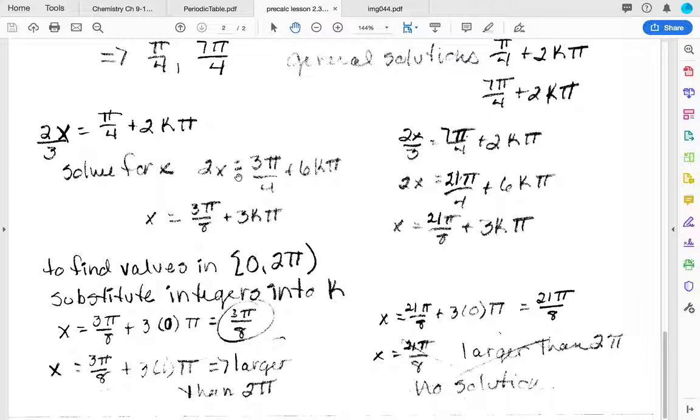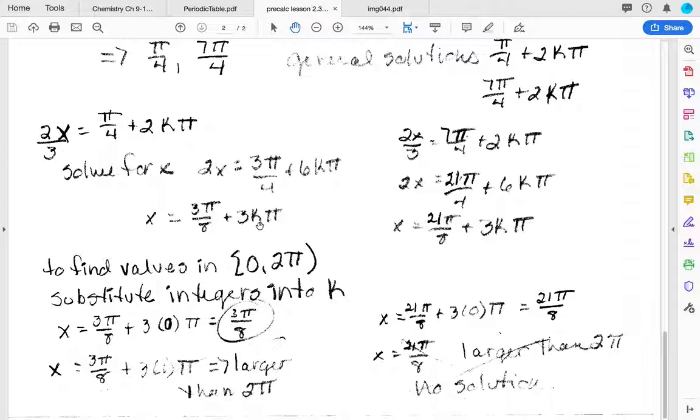So from both sides I multiply through by 3 to get rid of the 3 in the denominator, and I divide through by 2. So on the left side I have 3 pi over 8 plus 3k pi. On the right side I have 21 pi over 8 plus 3k pi. Now we want to find the values between 0 and 2 pi.